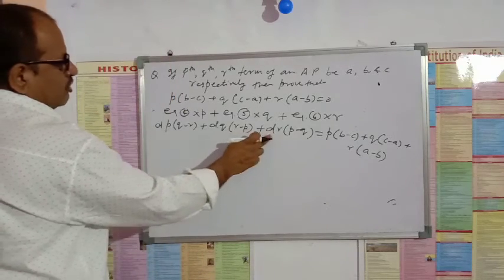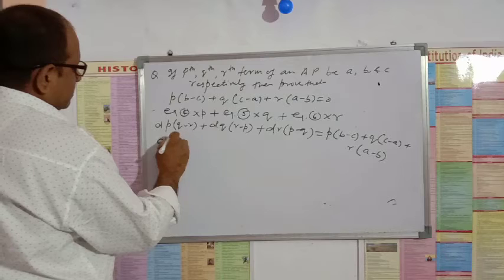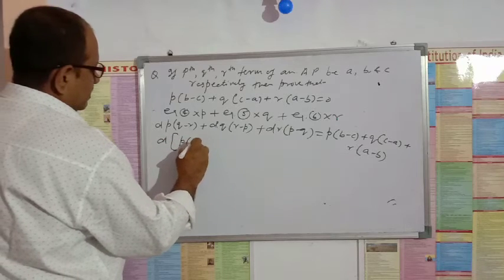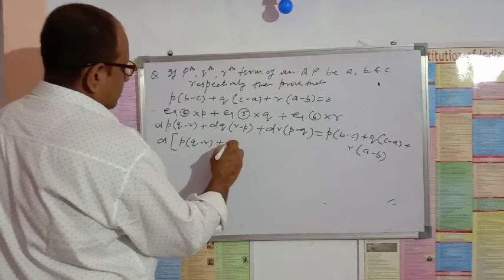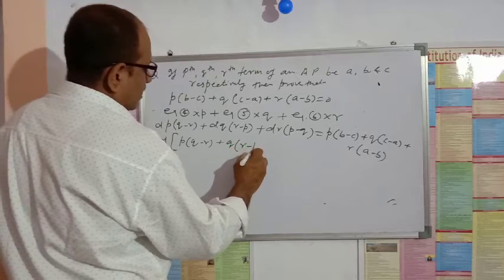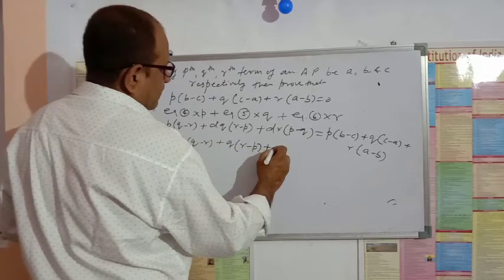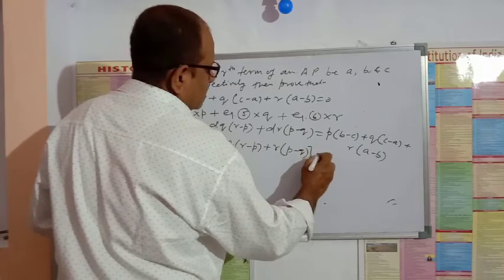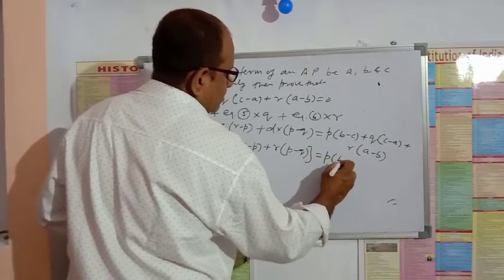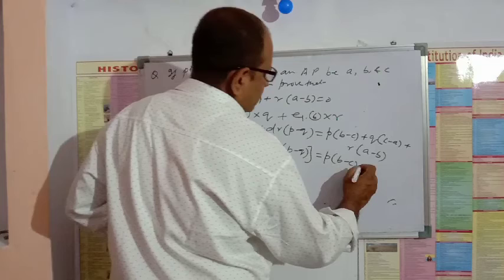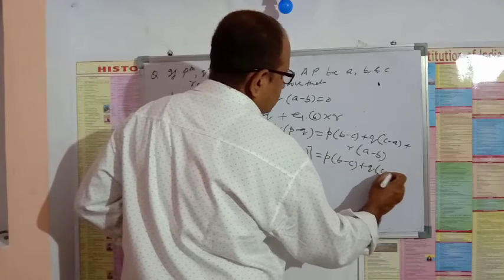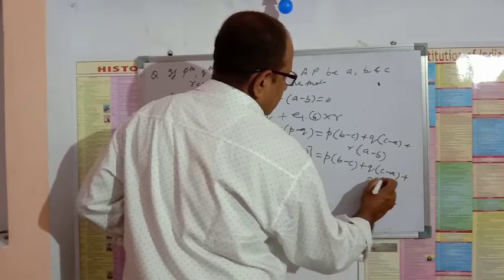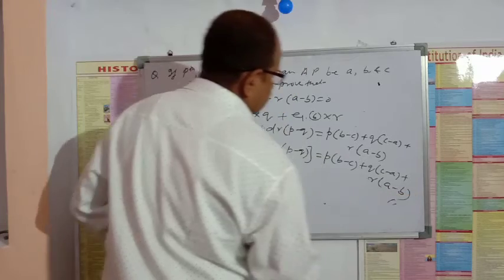We can take d common. So take d common: p(q minus r) plus q(r minus p) plus r(p minus q) is equal to p into (b minus c) plus q into (c minus a) plus r into (a minus b).